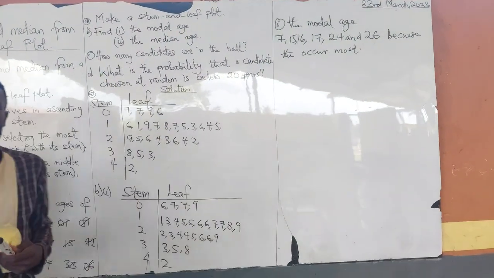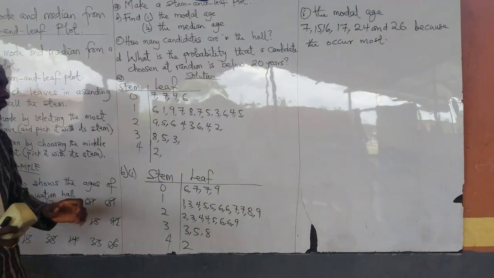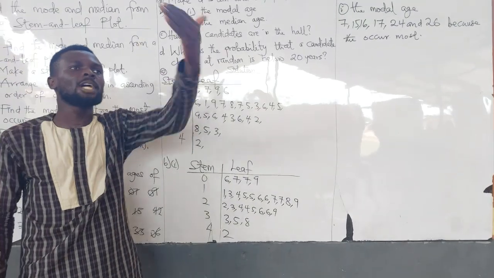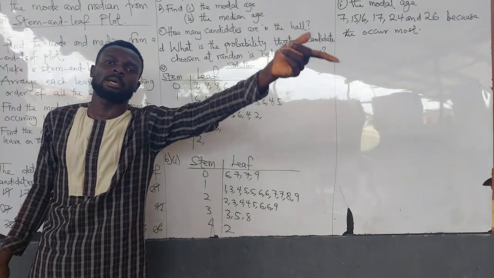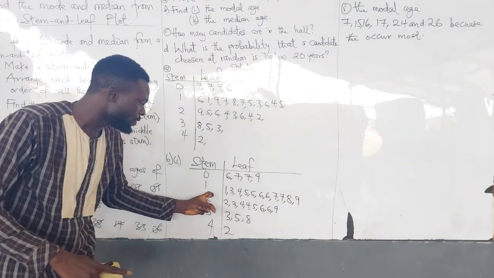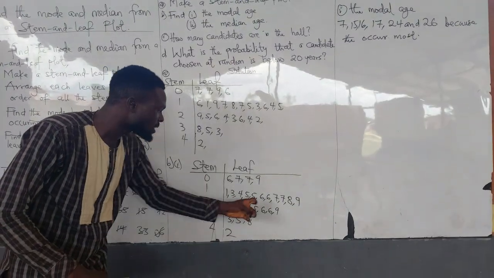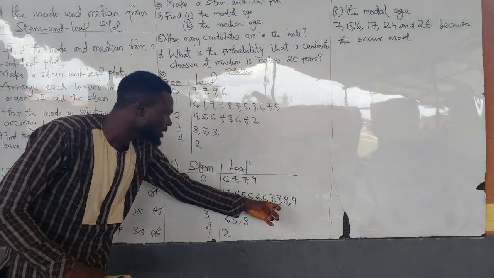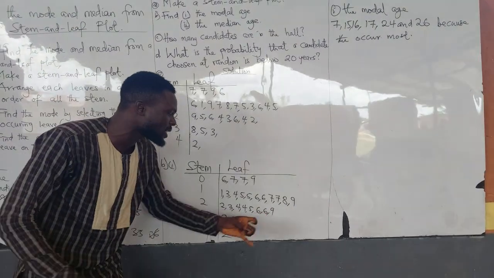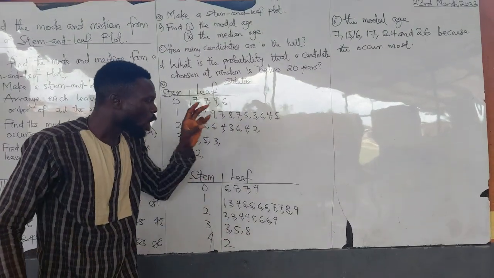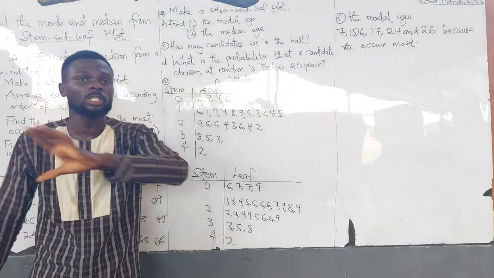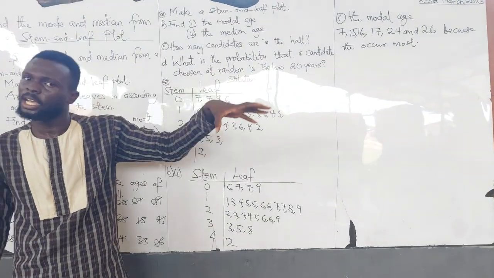So this is a clear example where you may come across a question where you have more than 2 digits repeating themselves. Since the 7 is repeating itself twice, 15 repeating twice, 16 repeating twice, 17 repeating twice, 24 repeating twice, and 26 repeating twice, all these numbers repeating themselves twice become the mode because they are all occurring at the same time.